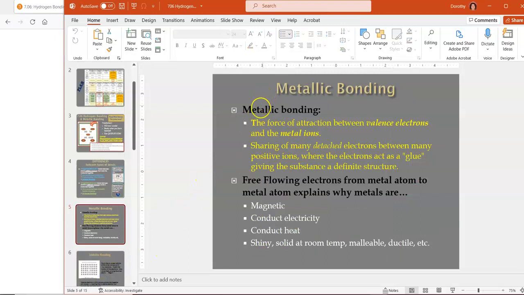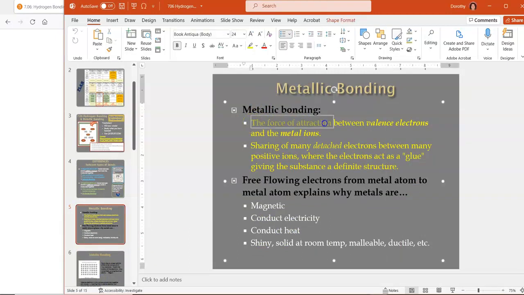Let's talk about metallic bonding. Metallic bonding is the force of attraction between valence electrons and metal ions. These metal ions are sharing the detached electrons, and the metal ions are positive ions. It's just tons and tons of positive metal ions that are all stacked next to each other in layers, and these valence electrons are floating around between the ions.